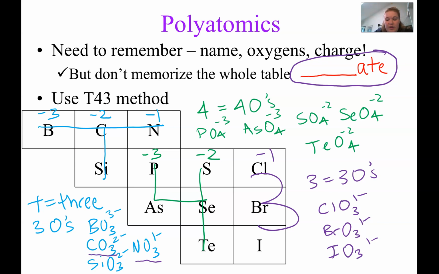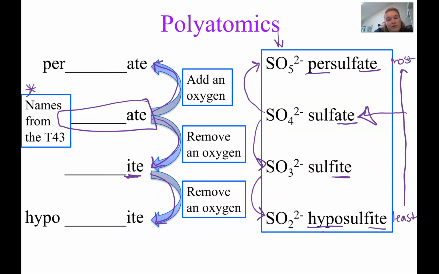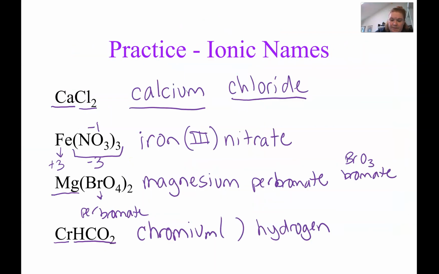CO3 is carbonate. So if CO3 is carbonate, and I remove an oxygen to make it into CO2, that means CO2 is carbonite.